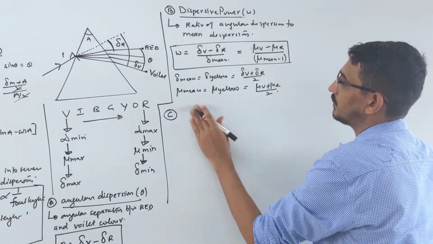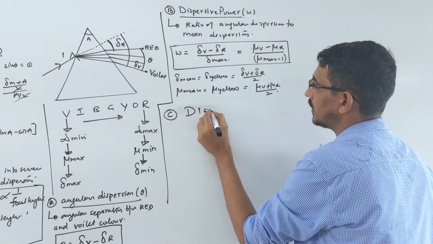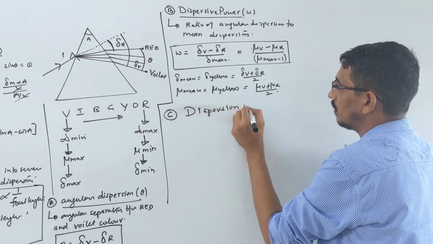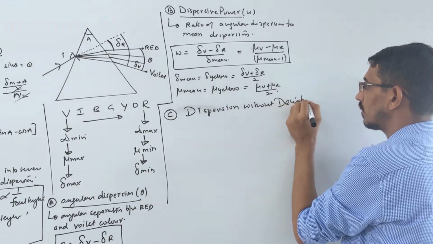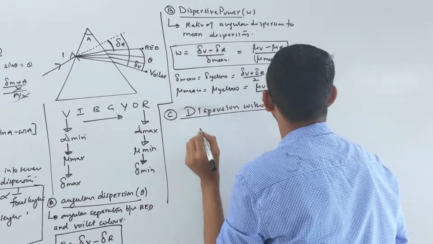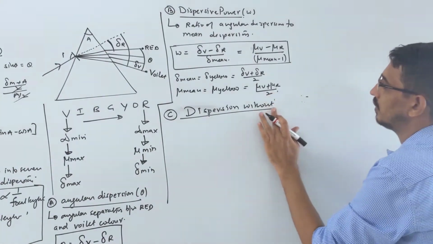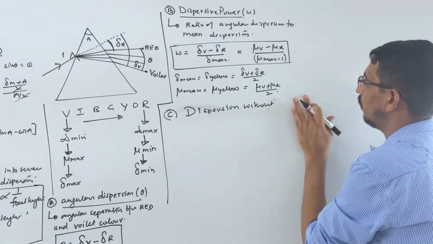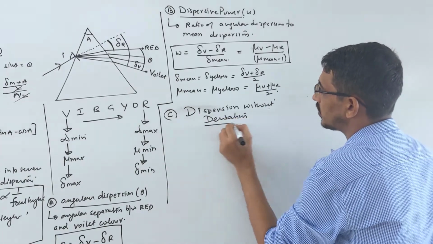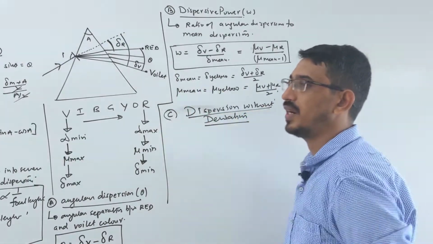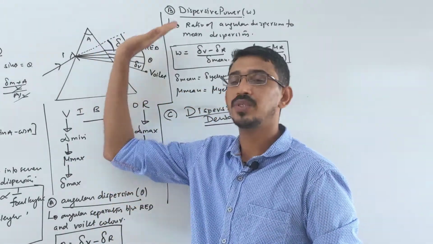First, I want dispersion without deviation. Write it properly, it is very, very important. I want dispersion, meaning I want the splitting of the light into 7 colors, but I don't want any deviation. The light should not deviate from its original path.